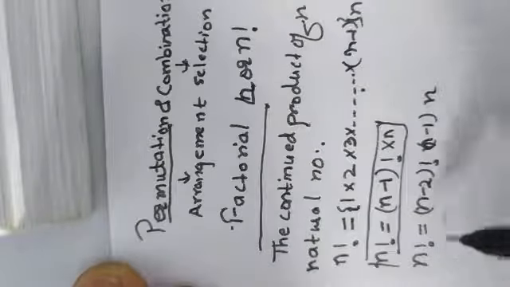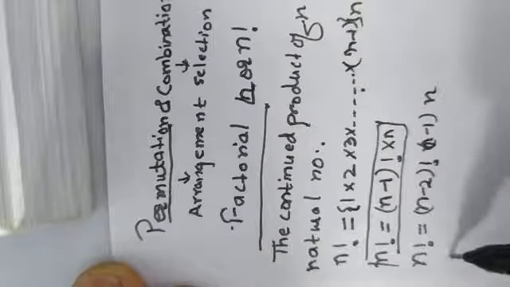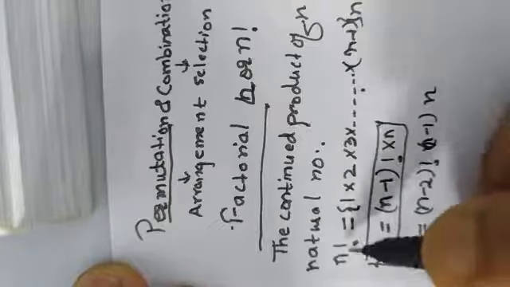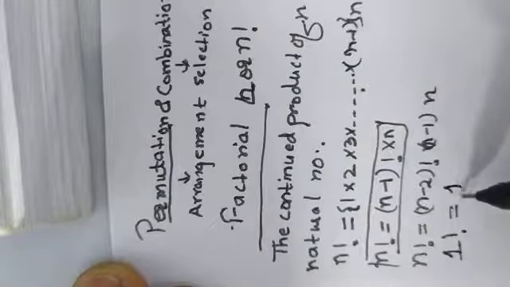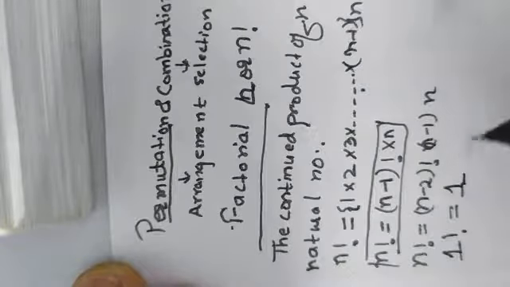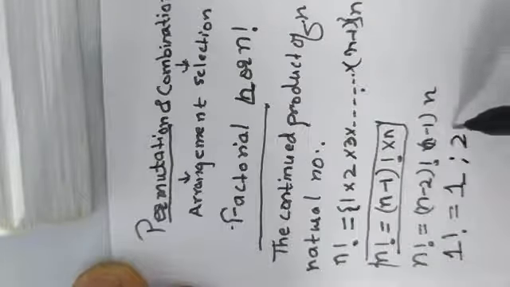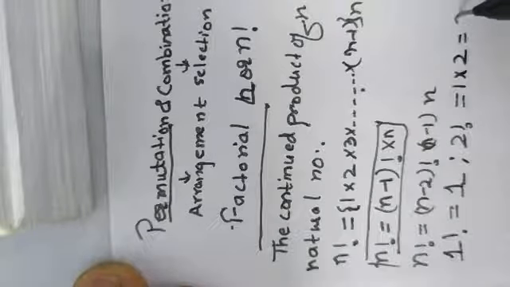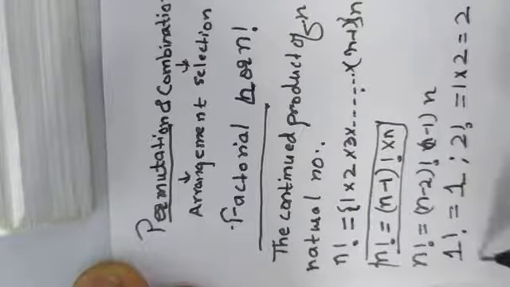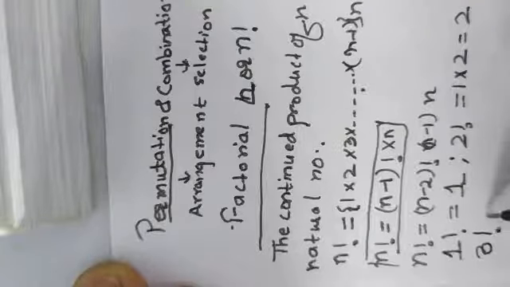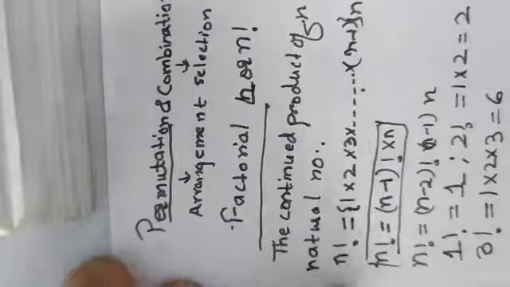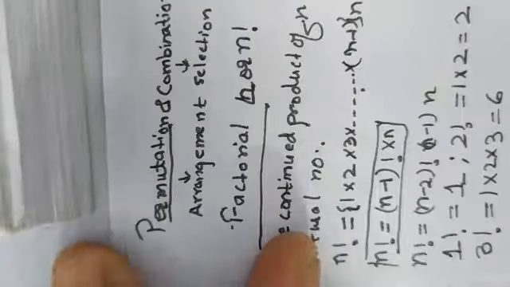Now, first of all I am defining 1 factorial. For 1 factorial you put the value of n as 1 and you will get 1. Then 2 factorial: you put n equal to 2 and you will get 2. Then 3 factorial you will get 1 into 2 into 3, that is equal to 6. Clear?